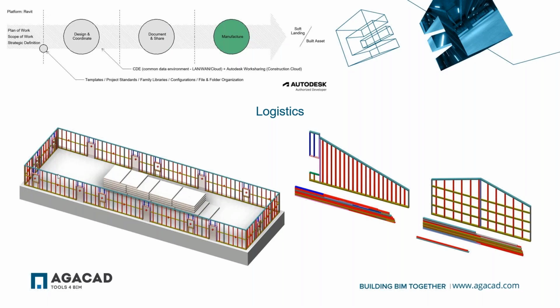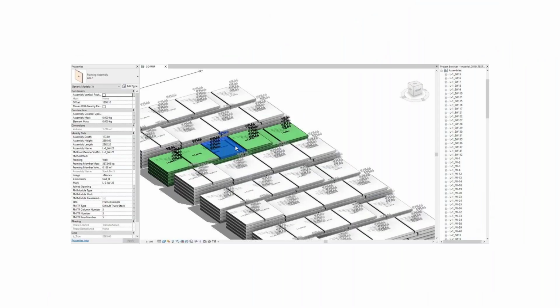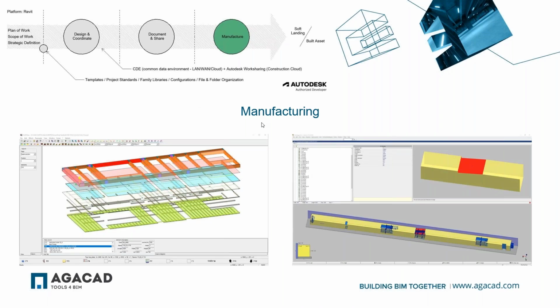You can also join assemblies together. So if you're working with prefabricated units, as you know, when a unit moves onto site, you may also join the assemblies together and then pack the units in some order using Panel Packer. Another example of that.